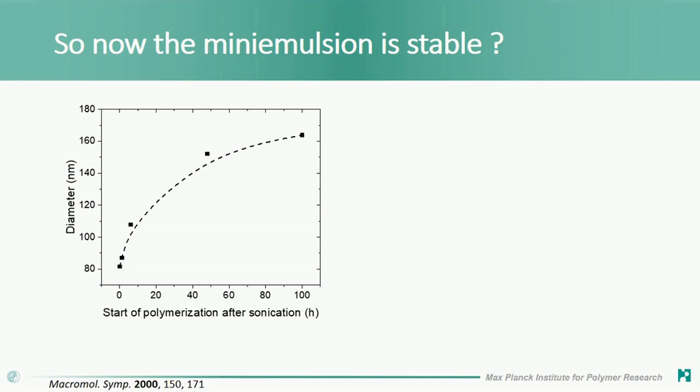This is because there's still a little bit of diffusion going on. We are in a metastable system, not in a stable system per se. And so if we wait for a long time, we will see a change in the size of the nanoparticles that are formed.